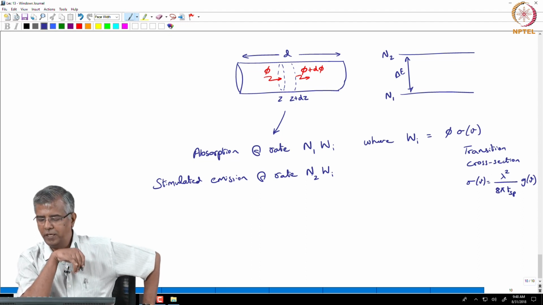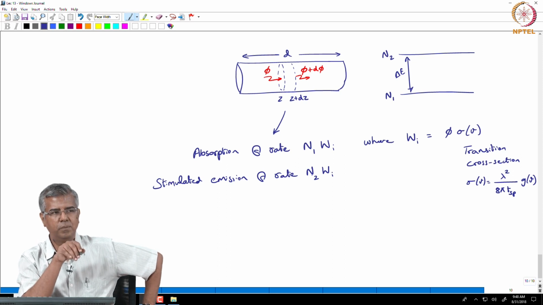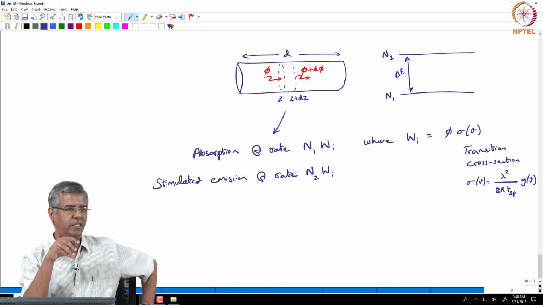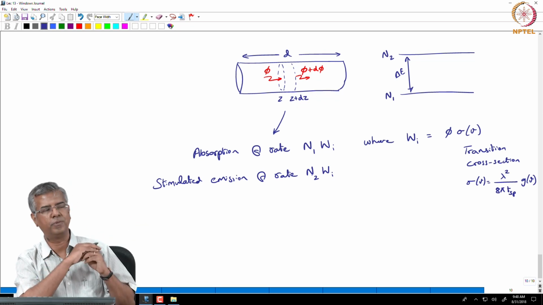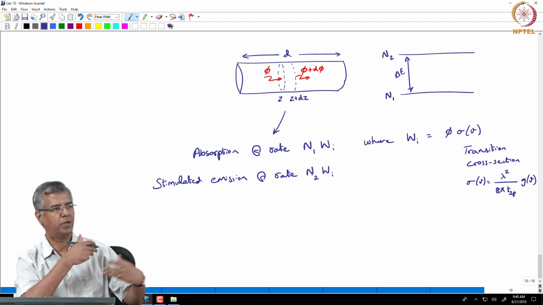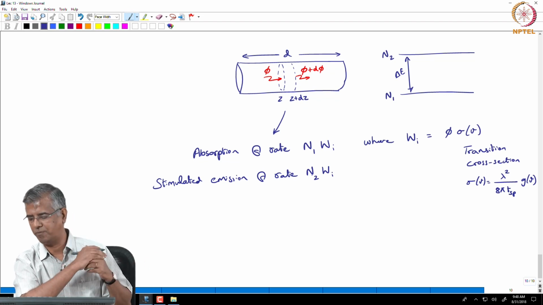Is Wi going to be different for absorption versus emission? If we are considering one single transition, a single pair of energy levels, that is not going to be different. So, this is the same Wi that you have for absorption, the same Wi you have for emission also.